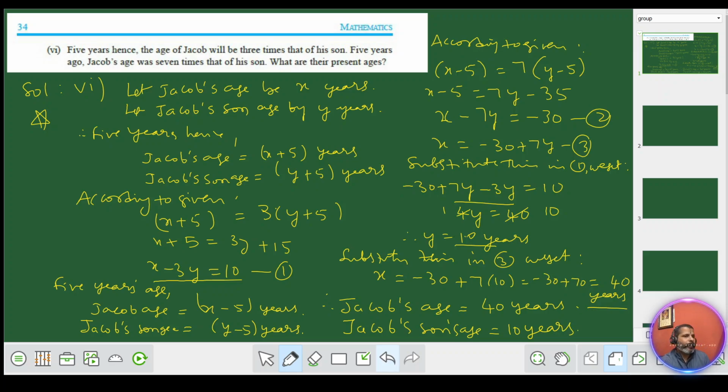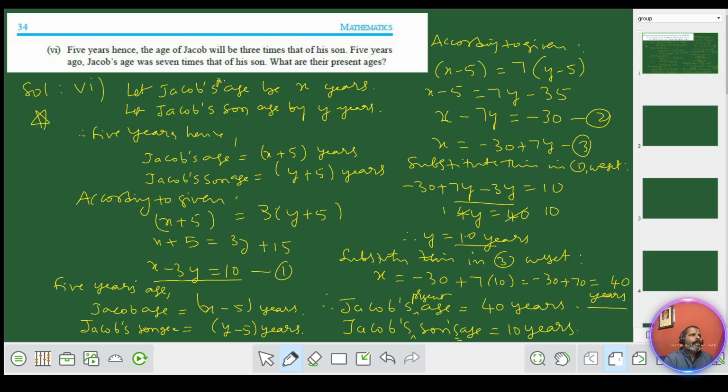They asked for their present ages, so you can say Jacob's present age and similarly Jacob's son's present age. While assuming also, you can write let Jacob's present age be x years. We always assume present ages only, right? We don't know their ages 5 years ago or later.